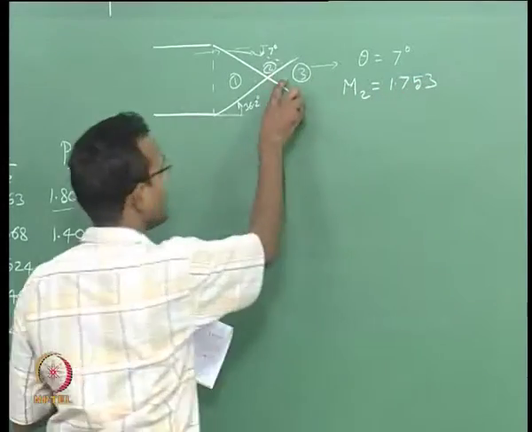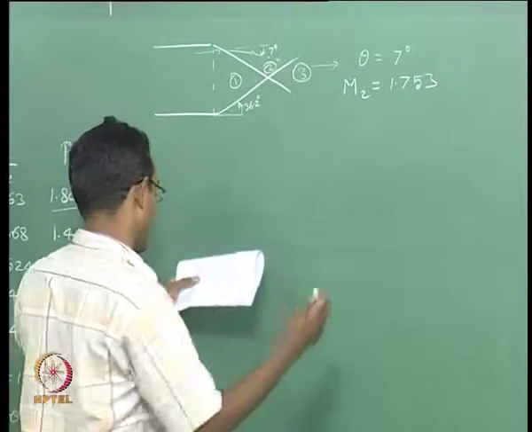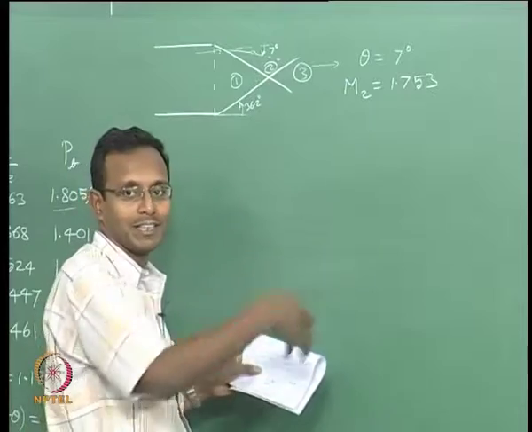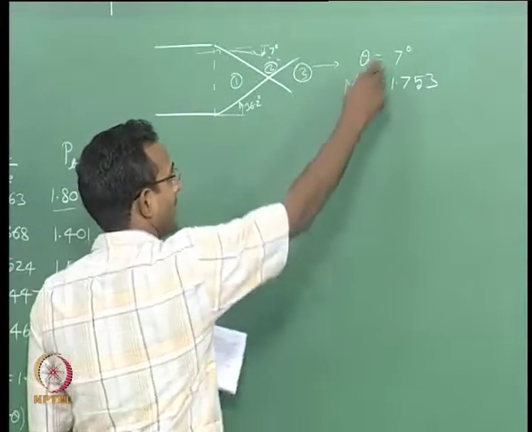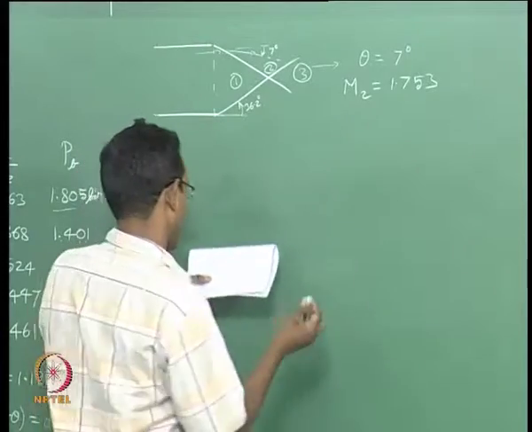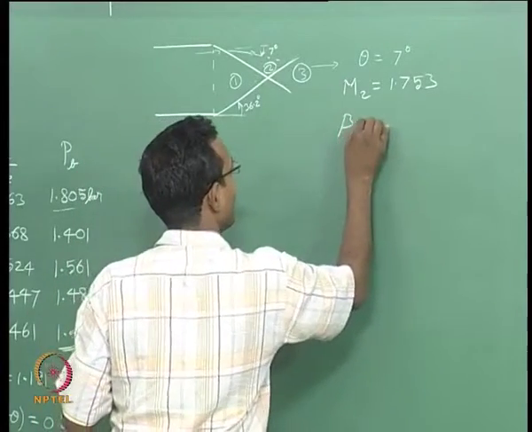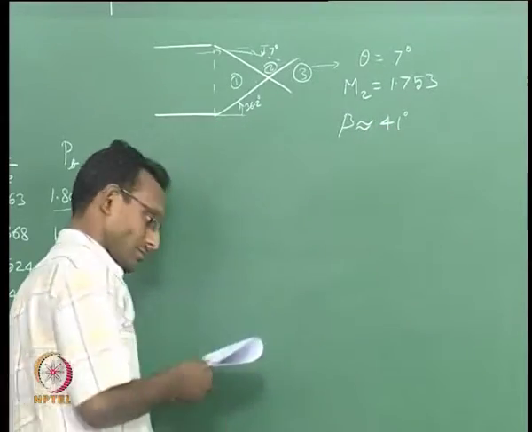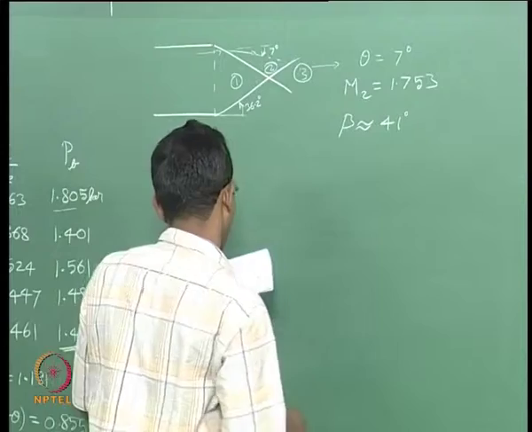Now, I have to find M3 here. Again oblique shock, we have to just go through the whole process. This is the easier one because now I can look at the theta beta M chart for 7 degrees and 1.75. I will just interpolate between two curves and I will get to a number, and that happens to be beta approximately equal to 41 degrees.